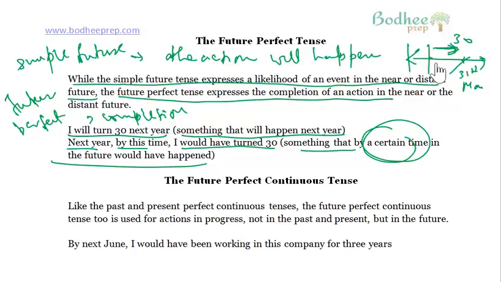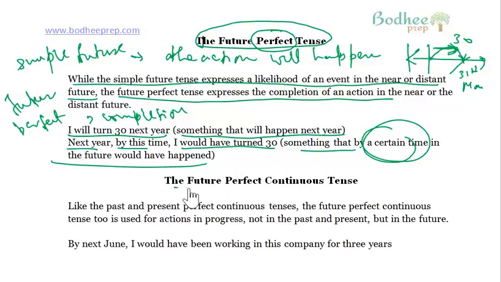Basically means that in the future at this moment of time an action would have got over, right? So you will say next year by this time I would have completed my engineering, right? So the future perfect tense basically looks at the future point where the action would get over. Completion of the action is the focus of the perfect tenses, right?